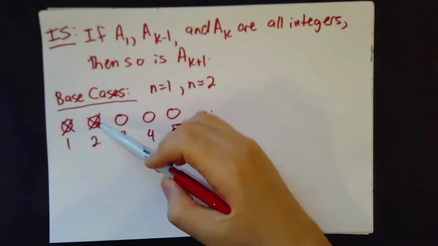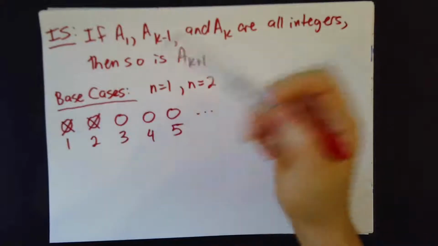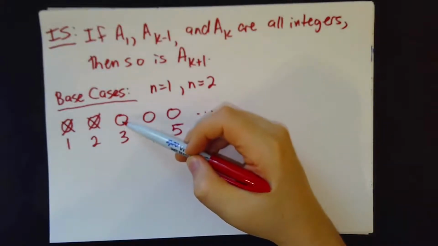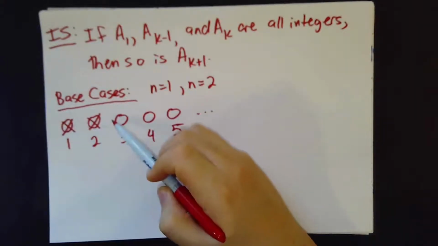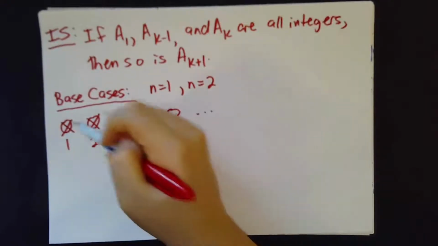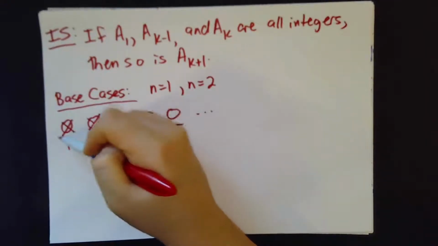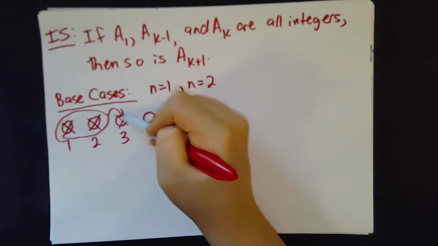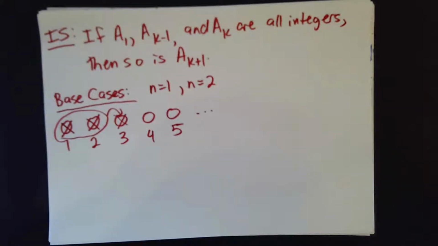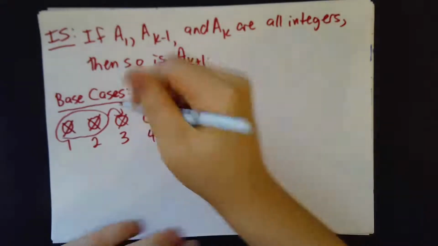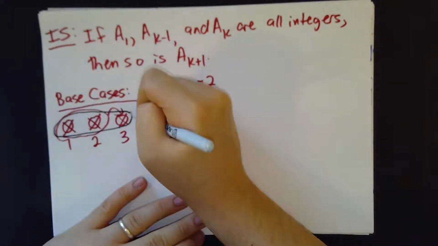But once I have those base cases, now when I go to look to 3, I do have the previous 2 statements, so I'll get 3. These 2 with their power combined give me 3. And now, in fact, these 3 with their power combined give me 4.